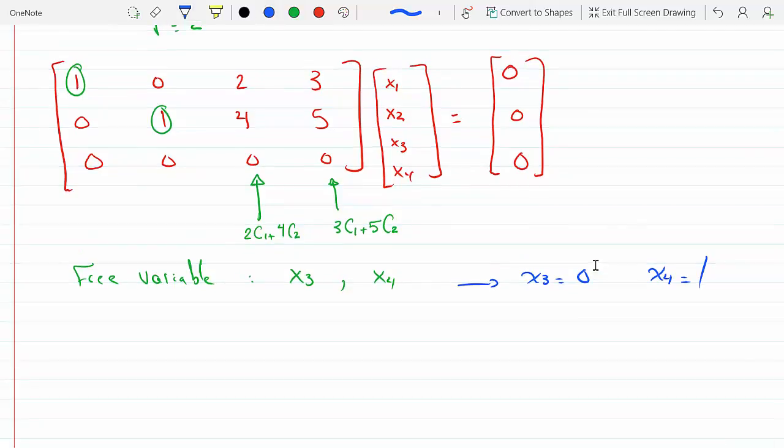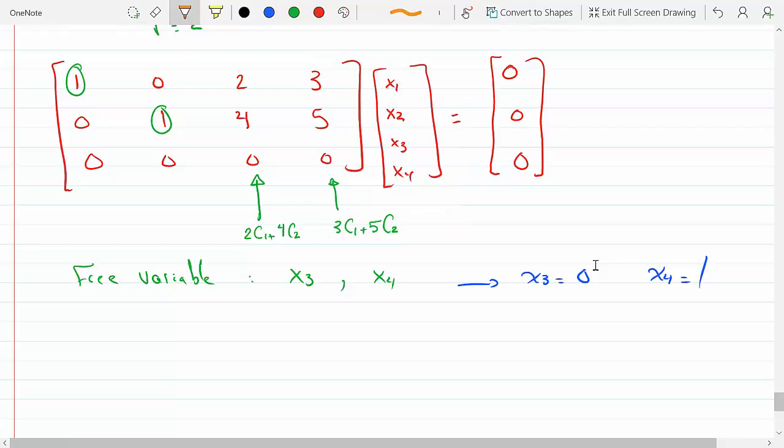Let's write the equations. So now from the matrix, you could reduce it further, but this is enough.